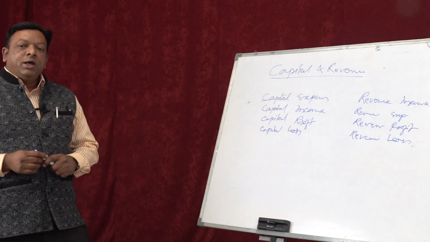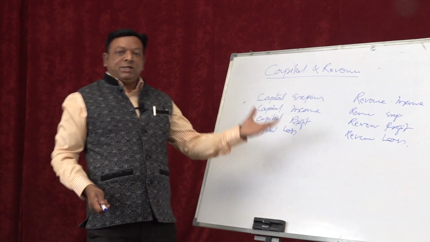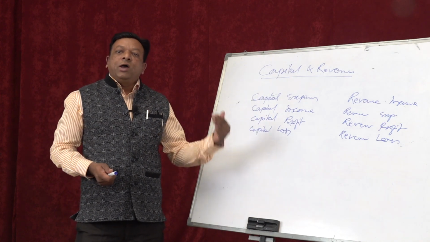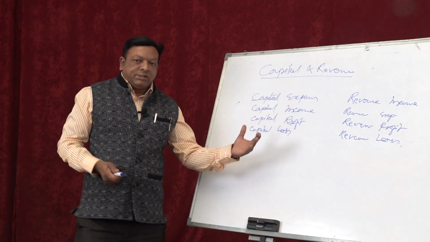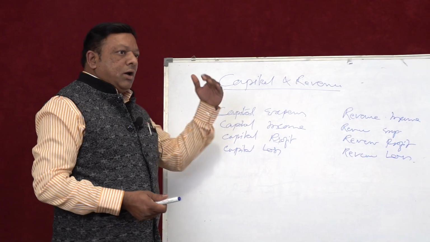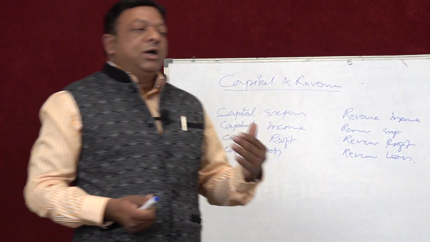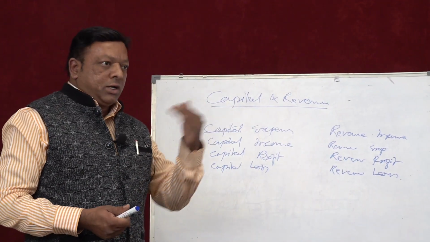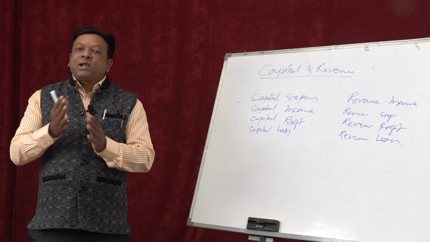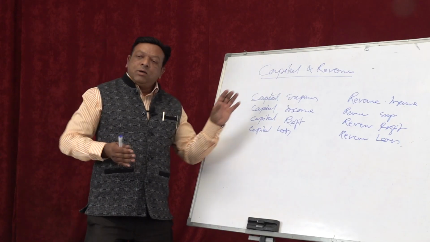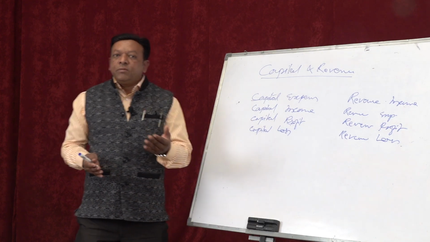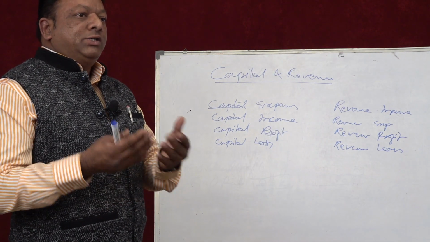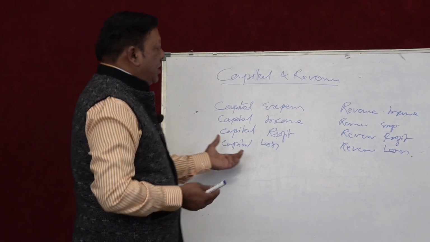The capital profit is when you make a transaction of capital assets, and the value of the capital assets is greater than the capital receipt of that particular transaction. The difference is profit, and when you give assets at less than the value the book is showing, the difference is capital loss.